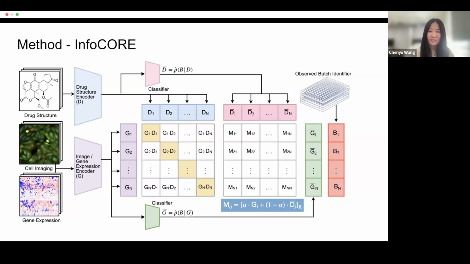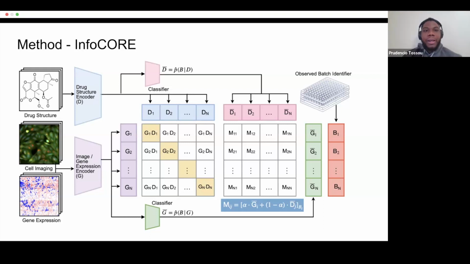Also during the training, I tracked the cross entropy loss of the batch classifier, and I observed that the loss is first decreasing because we are training the batch classifiers and the prediction becomes more accurate. Later in the training process, the cross entropy loss goes up slowly, which means that the model is learning to remove the batch-related features.